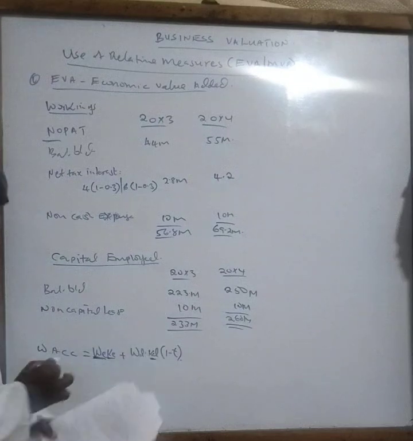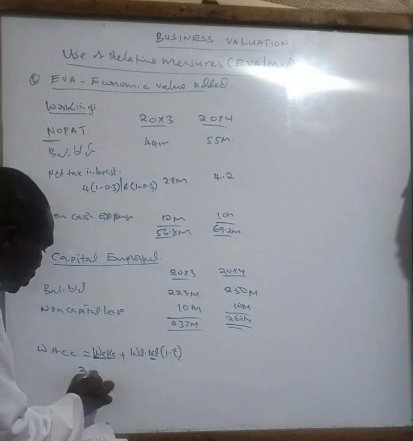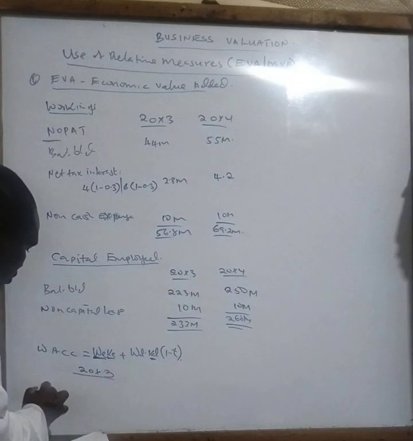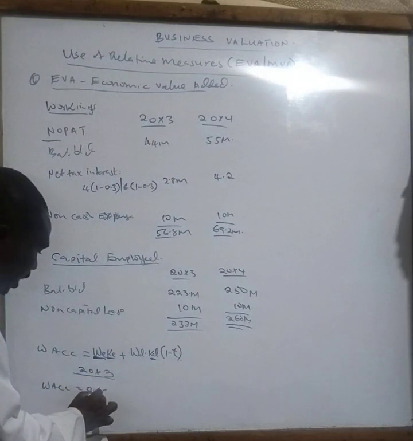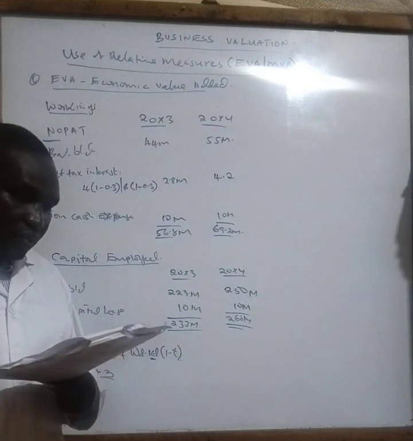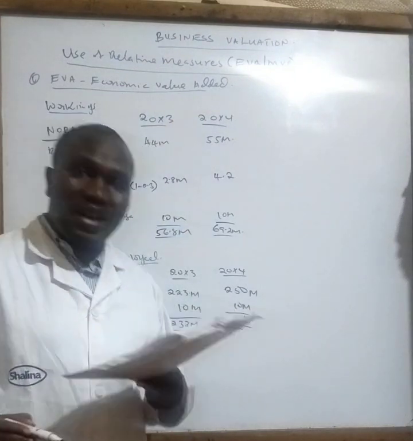Well, now in this case, we now calculate and say, okay, if that is the case, what is 20x3? For 20x3 now, your work will be, weight is 0.6 times the cost of equity for 20x3. Cost of equity for 20x3 is in additional information number E, 15%.